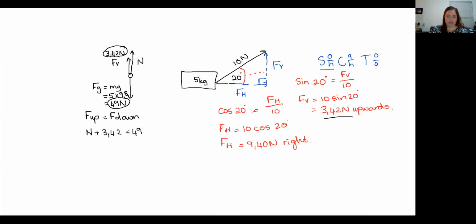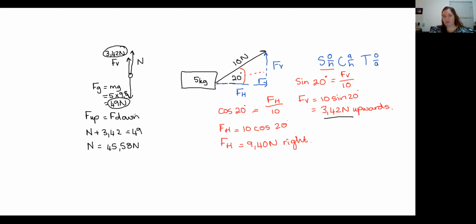You don't have to do this as slowly as I'm doing it, but I'm doing it really slowly because I find that a lot of people mess up on this and they get lost. So over here, the normal force is 45,58 newtons.